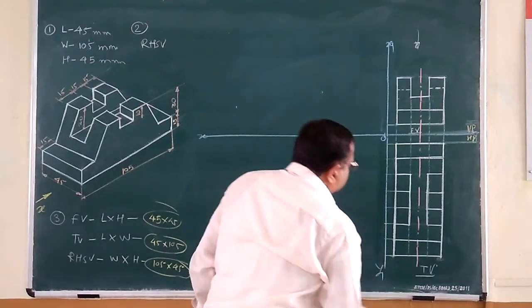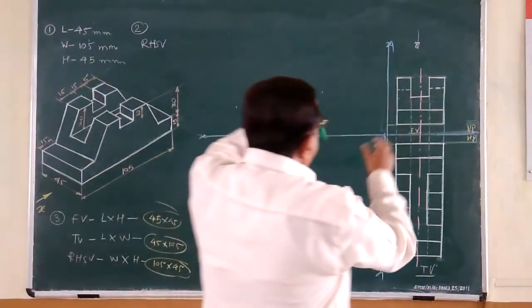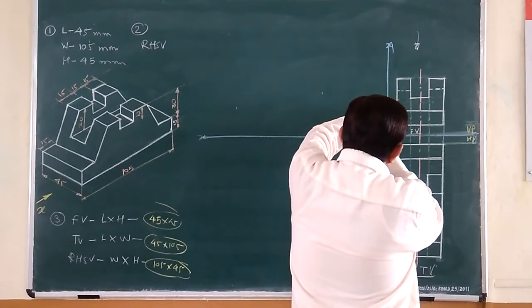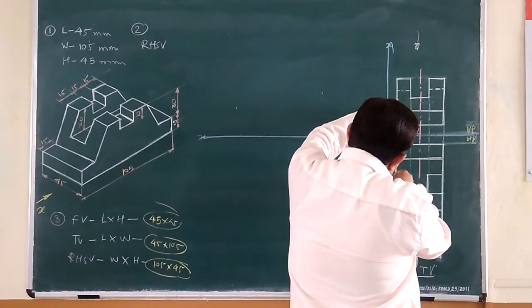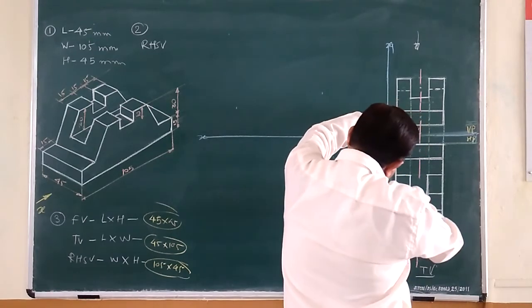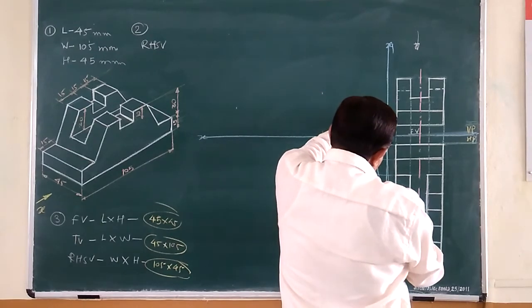Now O is the point of intersection of HRL and VRL. About O, we have to rotate those horizontally stretched positions through 90 degrees from the VRL up to the HRL. In this way, we have to construct the quarter circular projection lines.